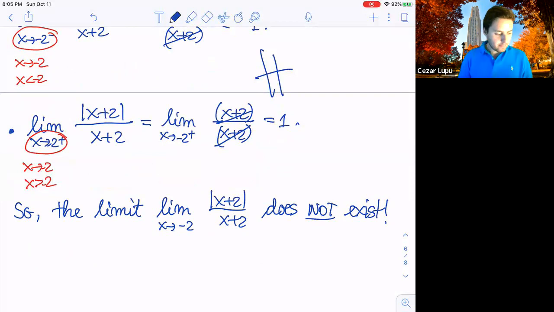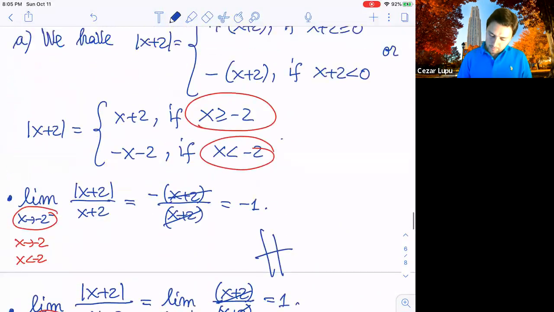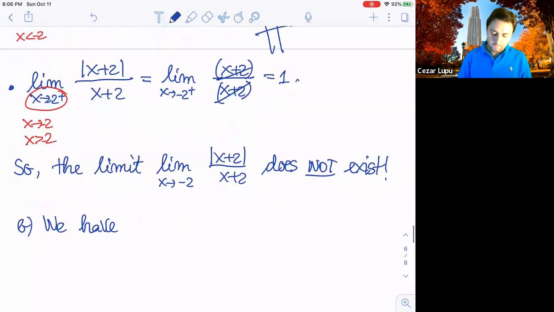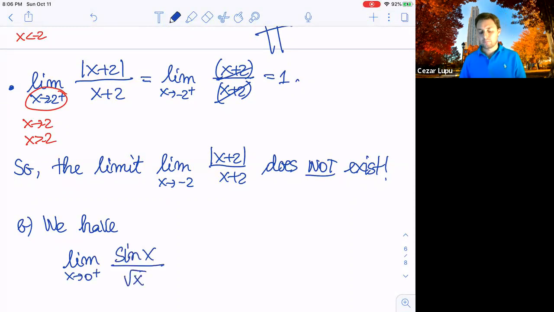Now let's see part B. And now let's look at this guy. So we have the limit as x approaches 0 from the right of sine of x over square root of x.